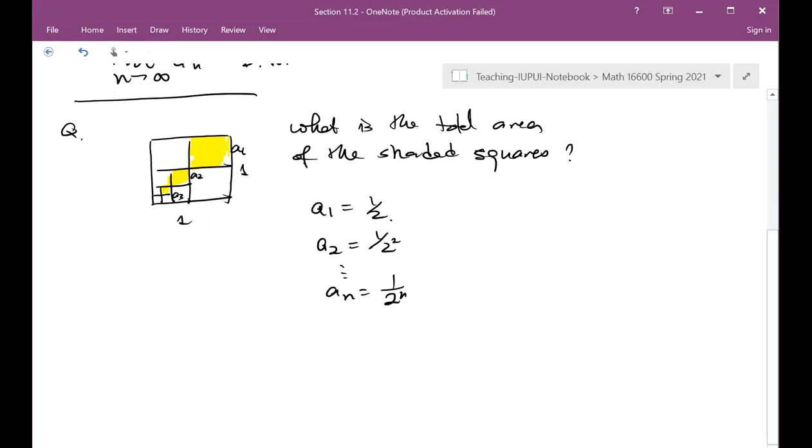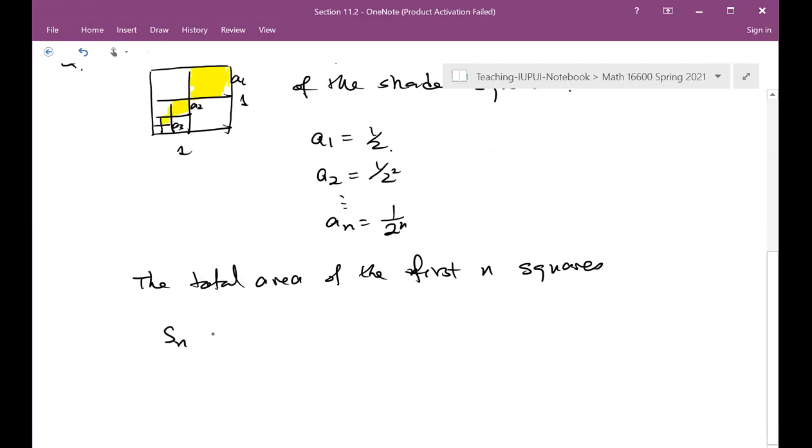Okay. So the total area of the first n squares is going to be, that's called Sn. That's going to be A1 squared, A2 squared, ..., An squared.